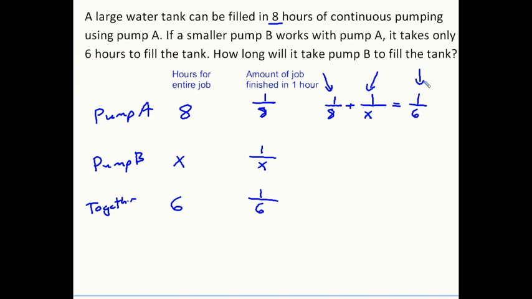Remember, to solve these rational equations, we're going to multiply by the least common denominator. And so we see here with 8x and 6, we may think 48x, which would work, but the least common denominator is 24x. So we're going to multiply both sides by 24x.